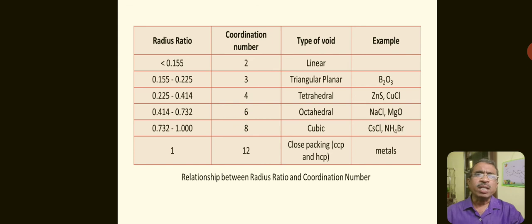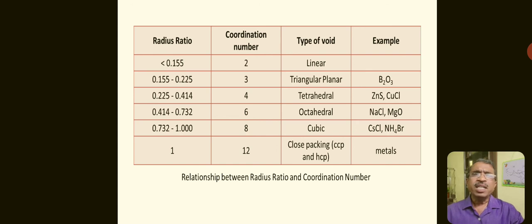Here I have given the radius ratio, and based upon the radius ratio, what would be the coordination number, what type of void it is, and the examples of these categories. If the radius ratio is less than 0.155, then the coordination number will be 2 and the crystal is linear.